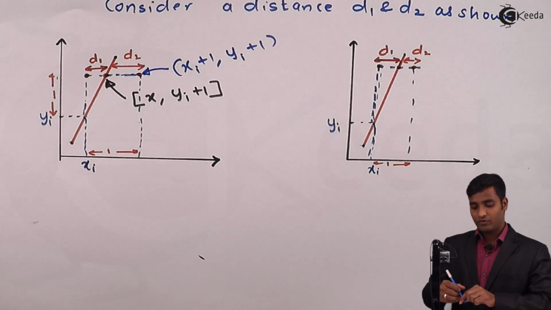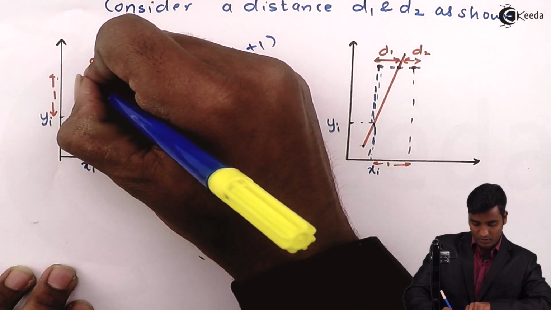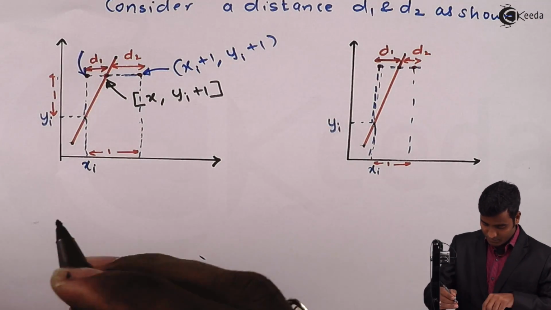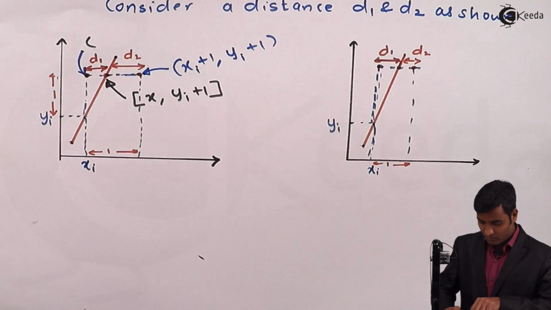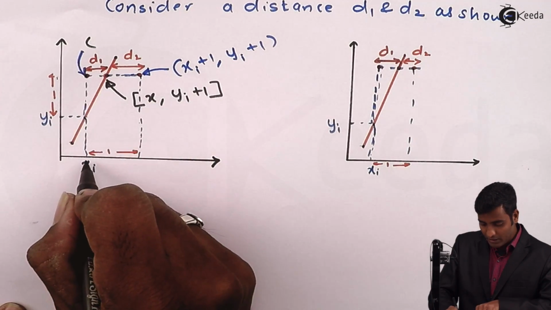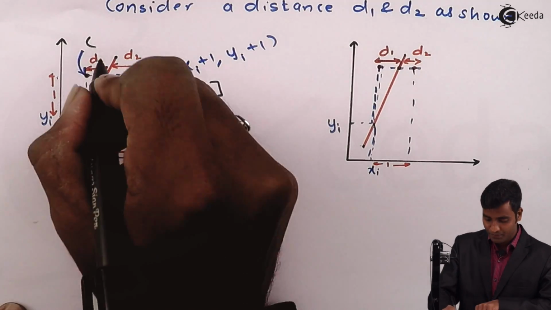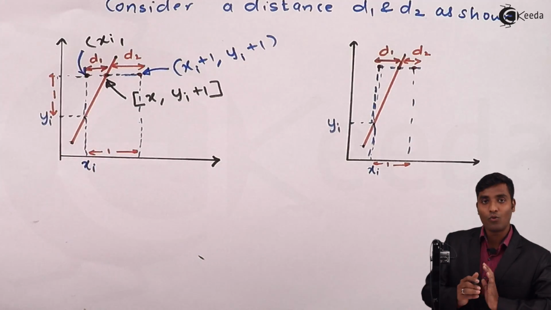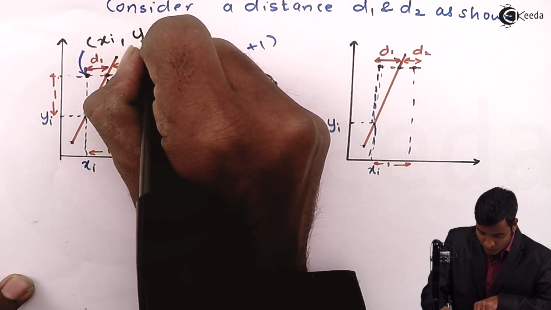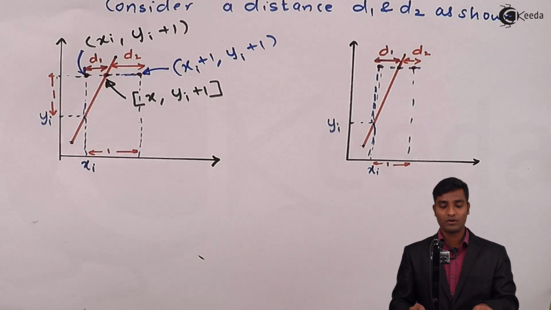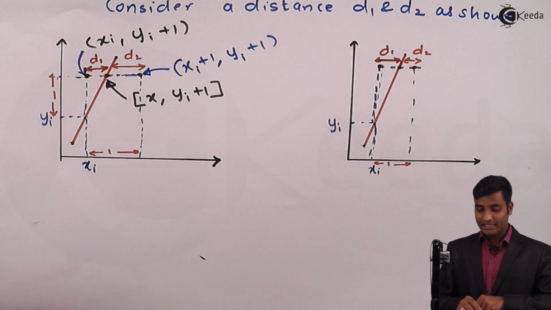And for this coordinate, since it is at this point, the x coordinate will be xi and the y coordinate is yi plus 1. So now the coordinates have been found out. Now the conditions are there.